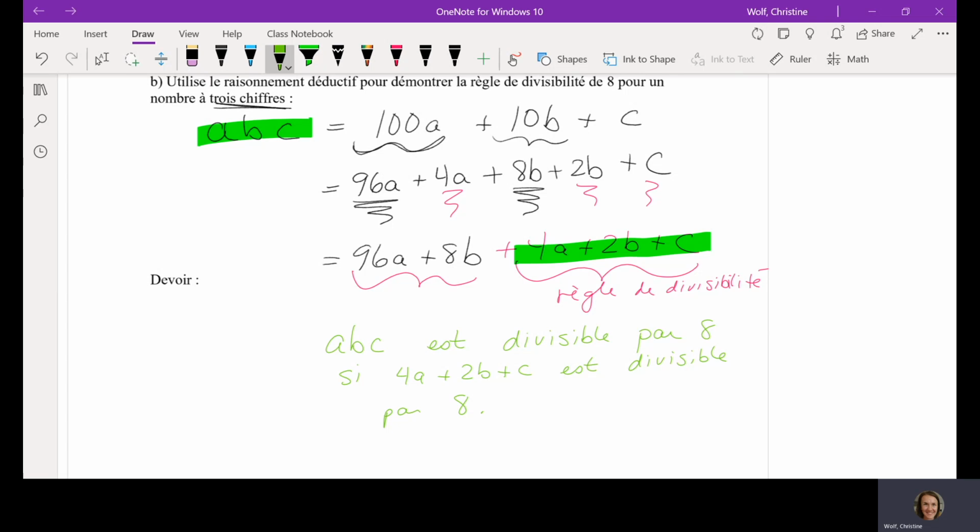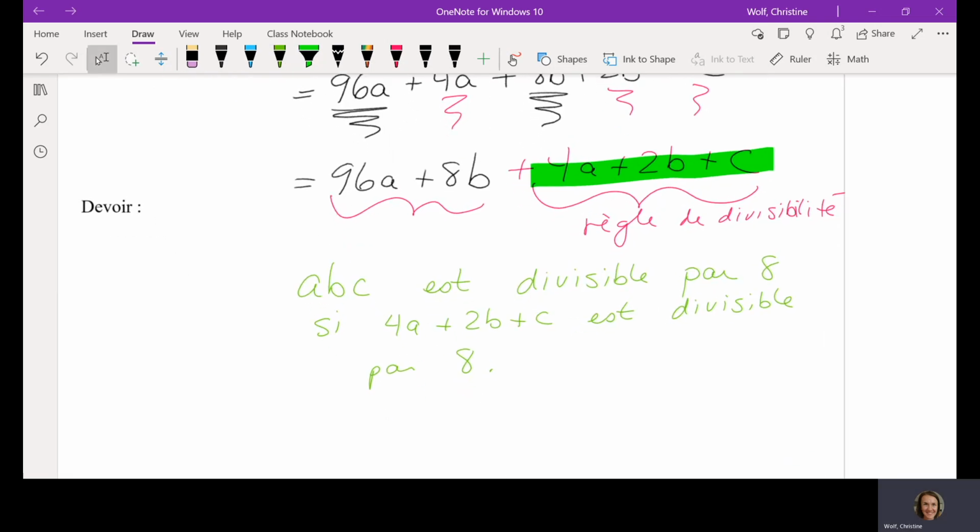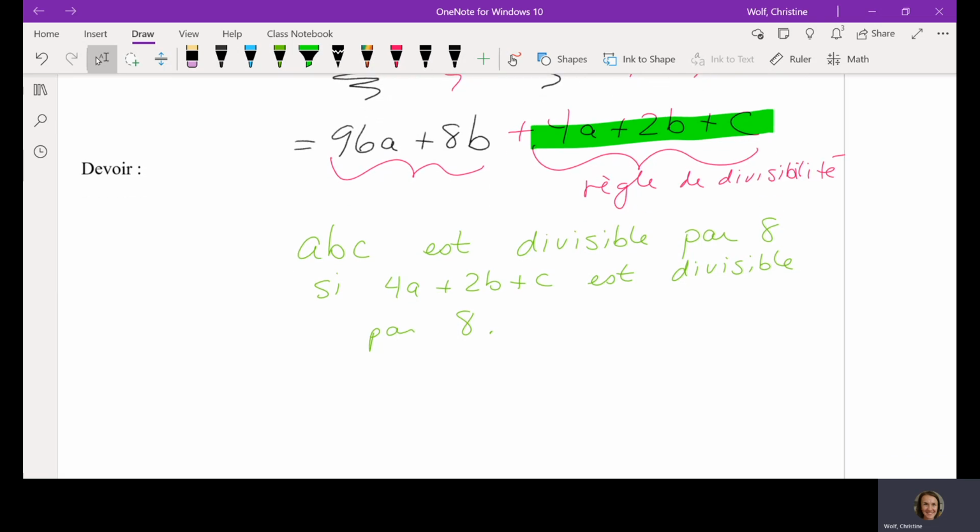Okay, so qu'est-ce que ça veut dire? Well, si tu prends un nombre à 3 chiffres, like 1, 2, 3. OK?